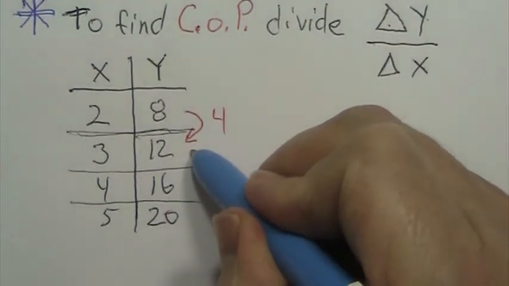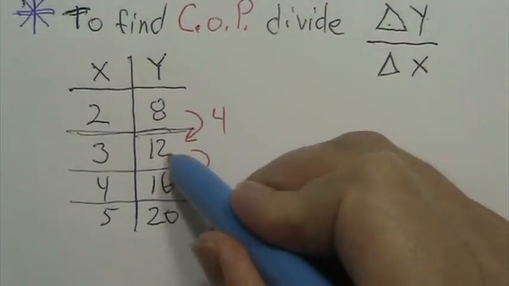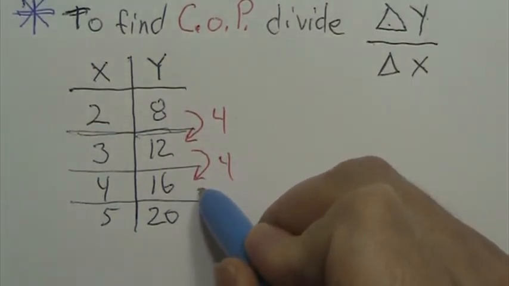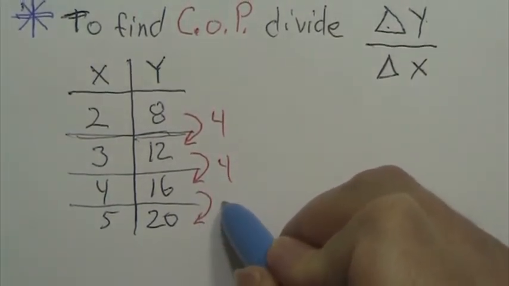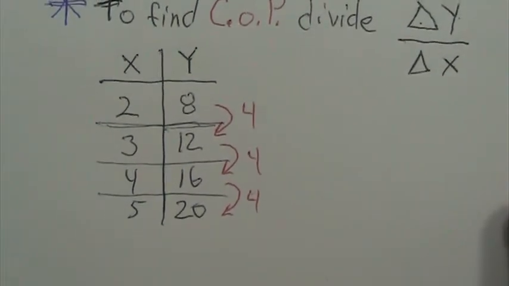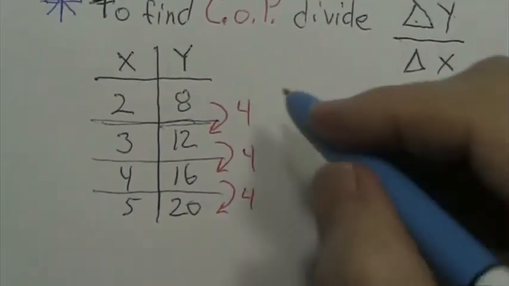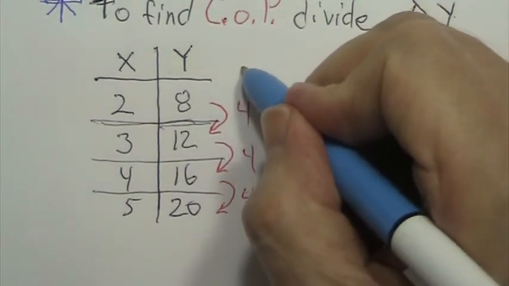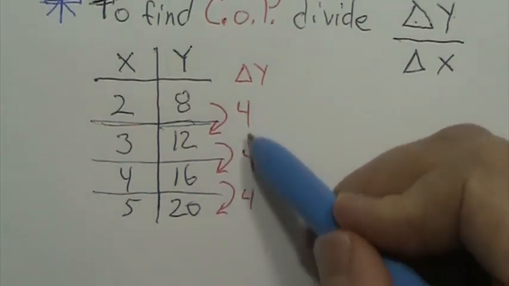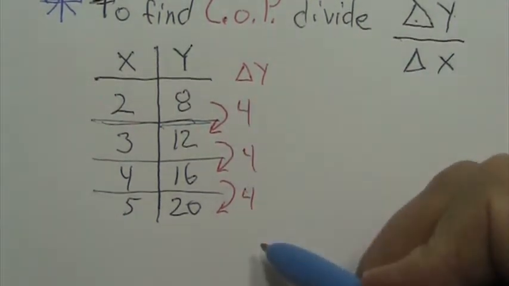And then to go from 12 to 16, it changed by 4. And to go from 16 to 20, it changed by 4. It went up 4 each time. That's the changes in y. It changed by 4.